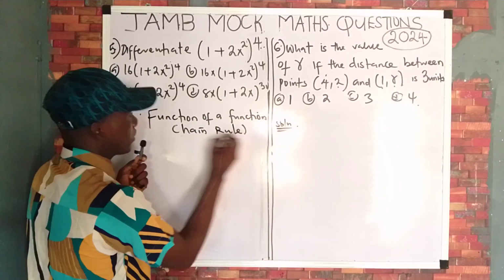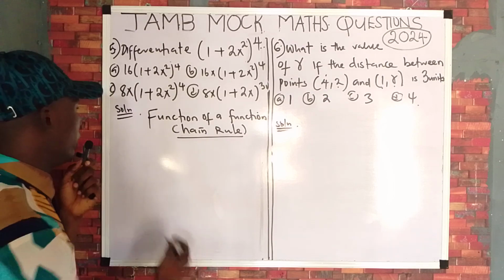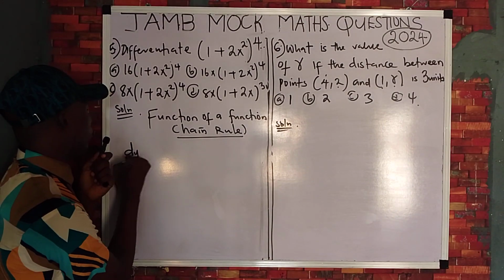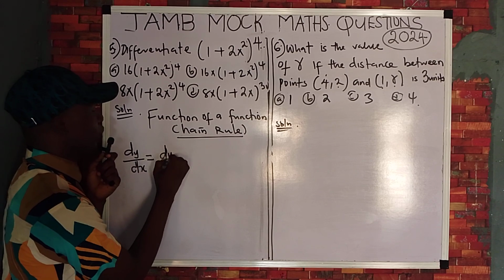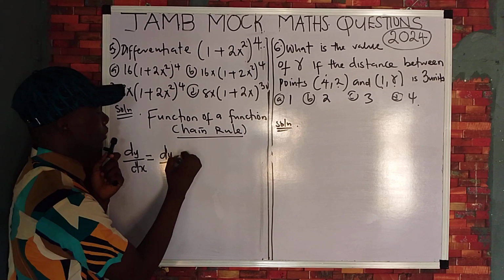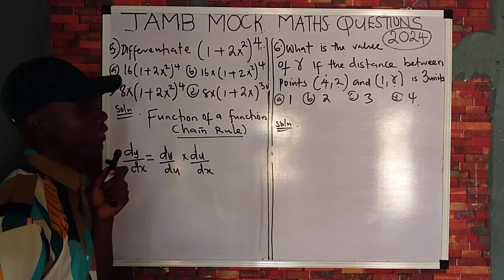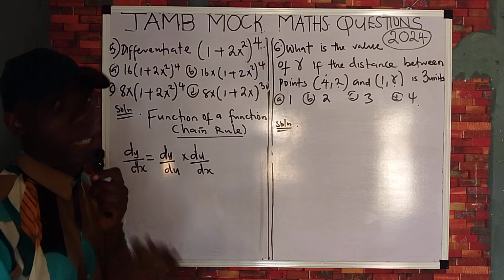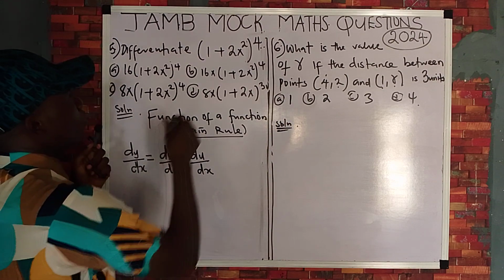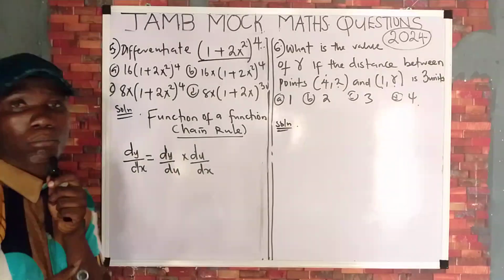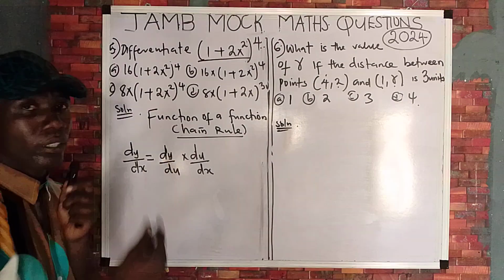And what is the formula for the chain rule? Please take note of this. Your dy over dx is equal to dy over du times du over dx. Don't forget, if you are a student preparing for JAMB, this is the best channel you can be on, because I want to show you how you can use tricks to solve this question without having to apply this formula.